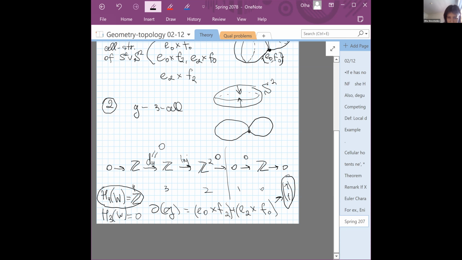So we get 0. The second one is gonna be Z2 quotient by Z, which is Z. And then H1 is gonna be just 0. And finally, H0 is gonna be Z.